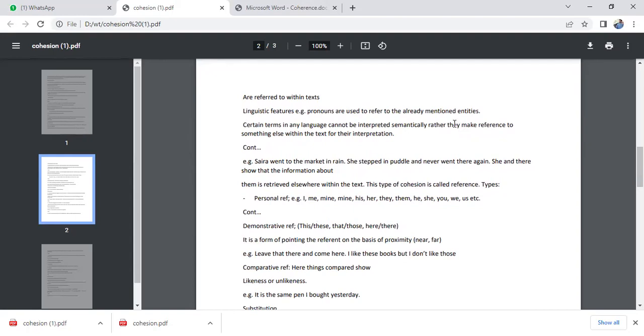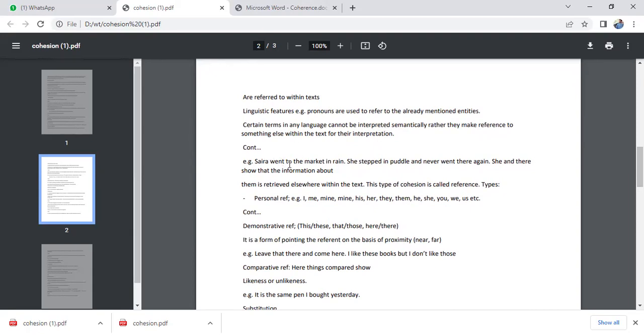We use pronouns in order to refer back to the mentioned entities. Certain terms in any language cannot be interpreted semantically, rather they make reference to something else within the text for their interpretation. If you are inferring the meaning, you can interpret the meaning from these clues, from these cohesive devices.